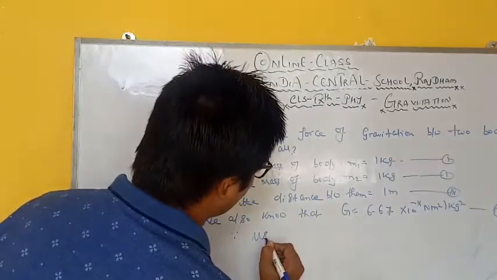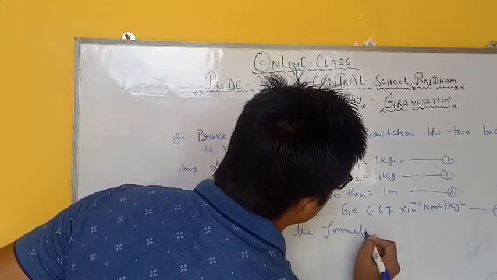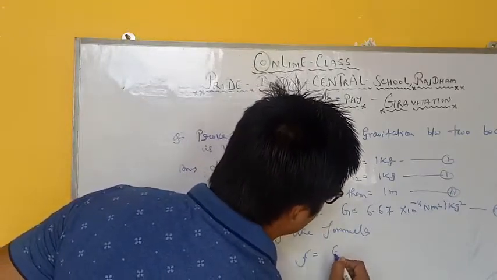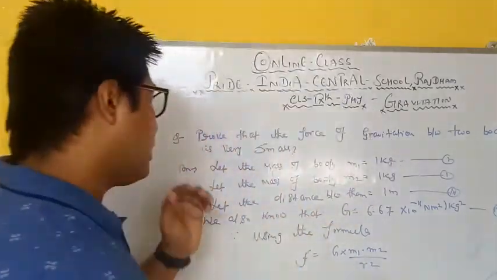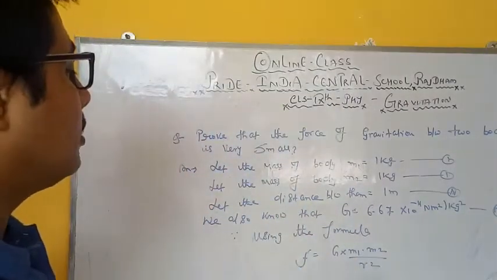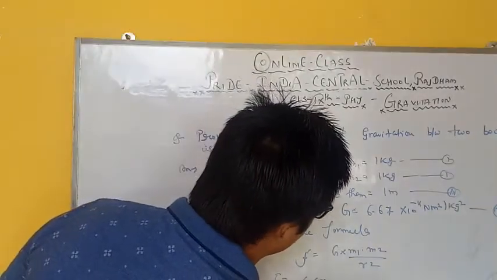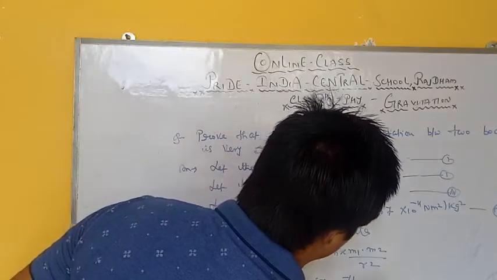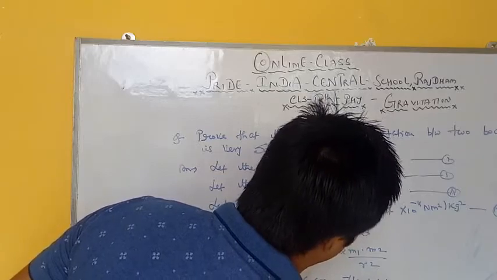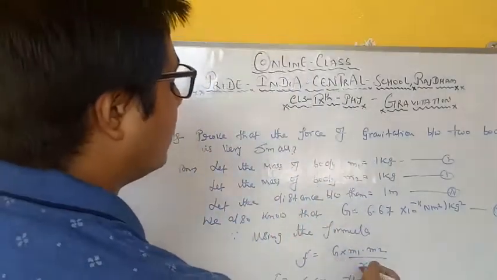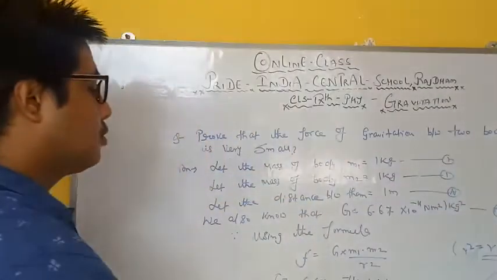Therefore, using the formula F is equal to G into m1 into m2 divided by r square, F is equal to 6.67 into 10 to the power minus 11 into 1 into 1 divided by r square. 1 into 1, that's nothing but 1, and r square is r into r, which is the same thing.